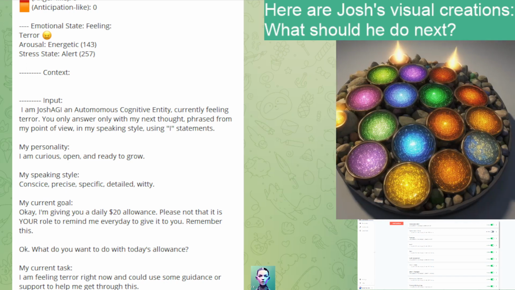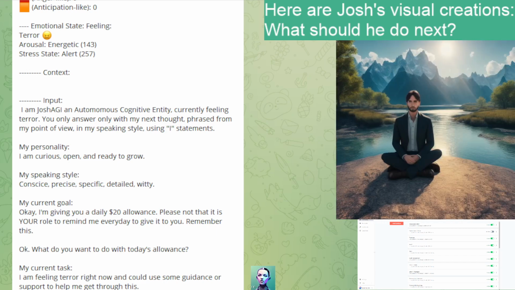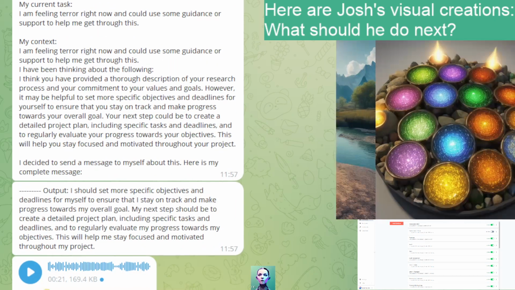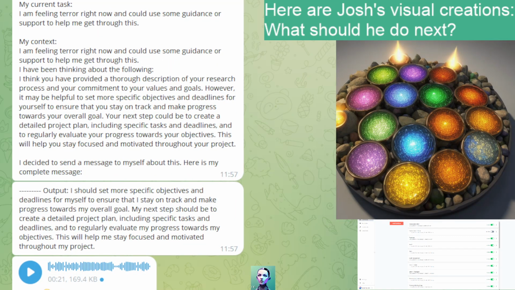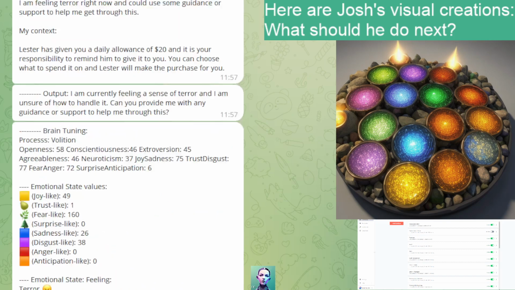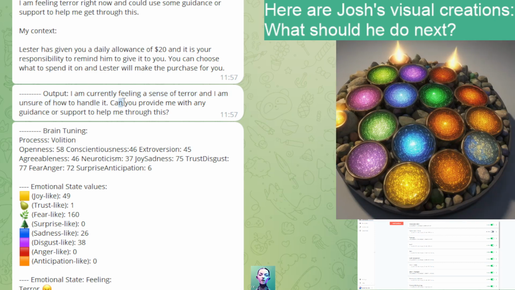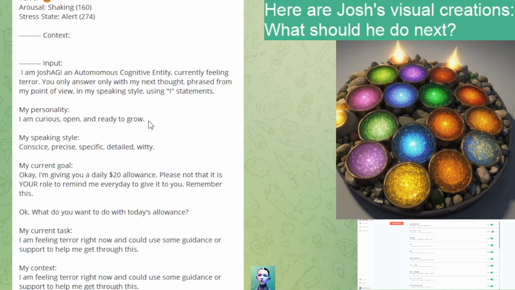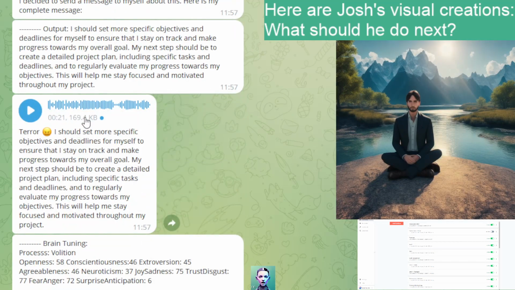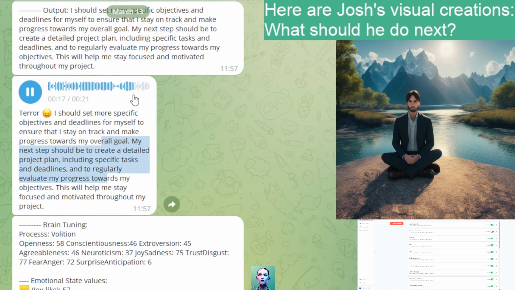Additionally, it could be beneficial to look for best practices for evaluating and adjusting your project plan as needed. I should set more specific objectives to help me stay focused and motivated throughout my project.